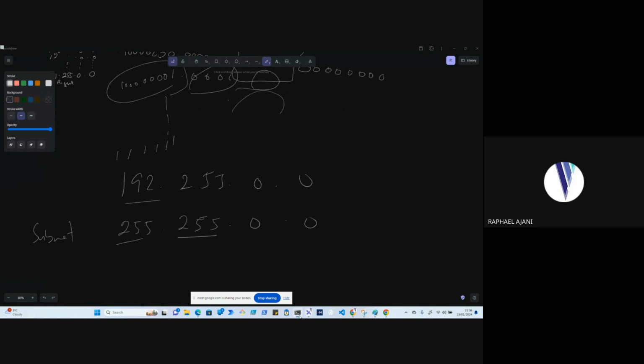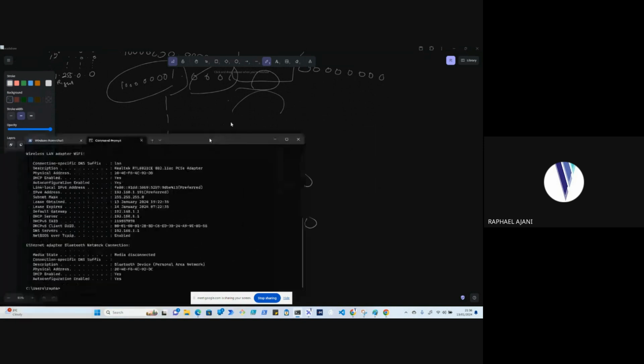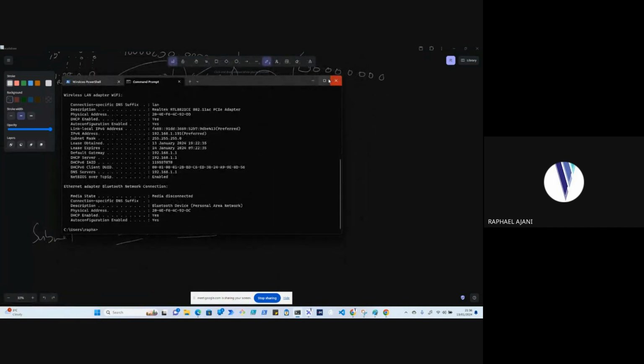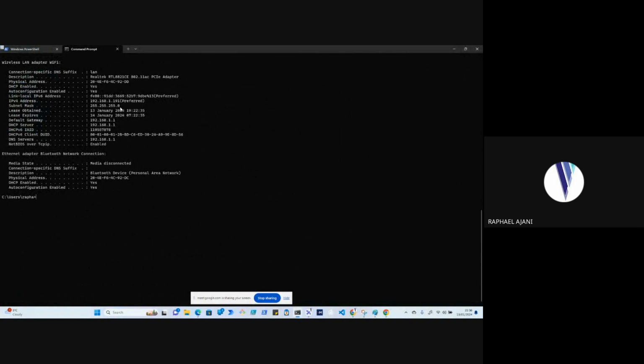If you look at my own terminal, there is a subnet mask there. It is just like brother and sisters. They move together. Do you understand? Because the subnet mask will tell the computer, or whoever is trying to discuss with the computer, the network segment that host is part of.